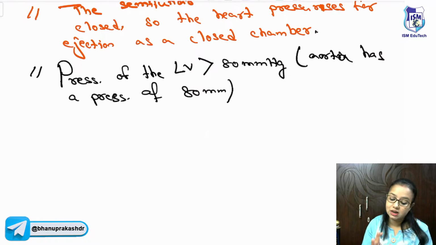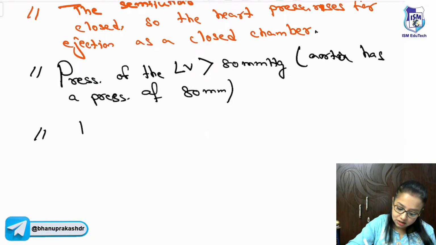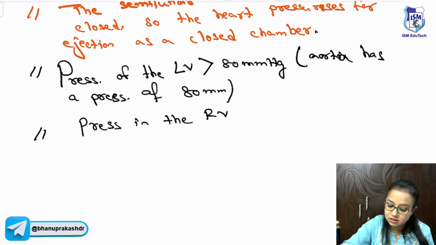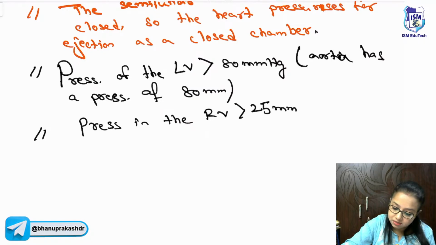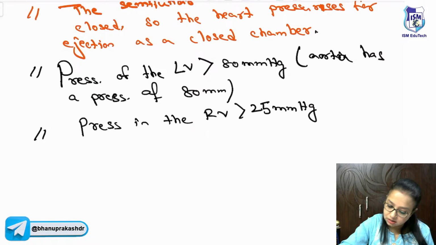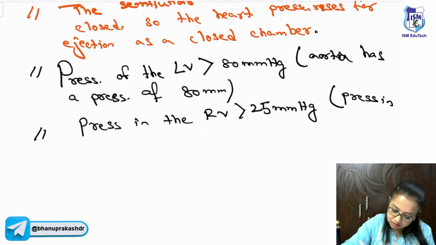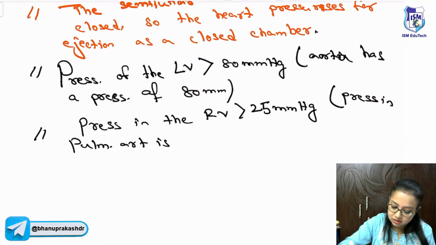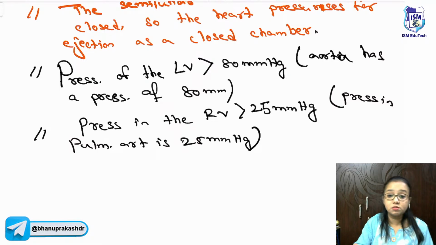So the pressure in the left ventricle is increasing more than 80 mmHg, and pressure in the right ventricle becomes greater than 25 mmHg, and the pressure in the pulmonary artery is 25 mmHg. This is the information we have to remember.